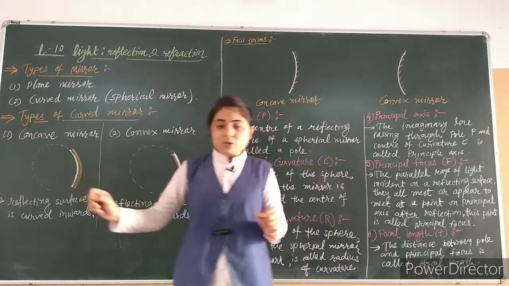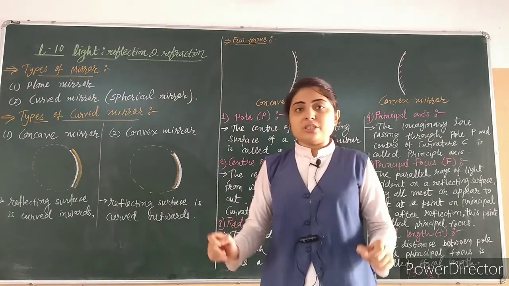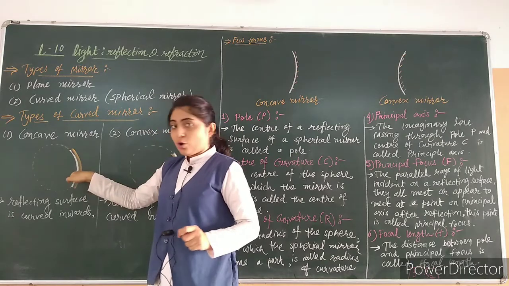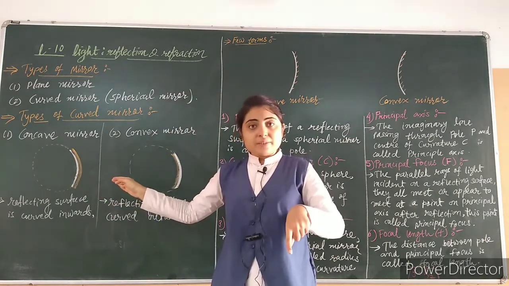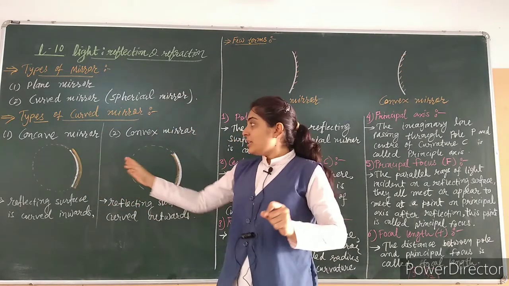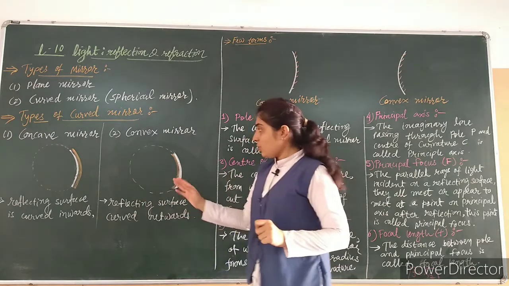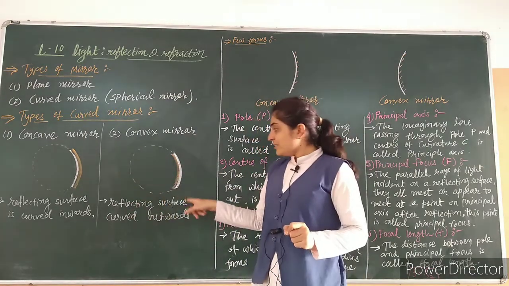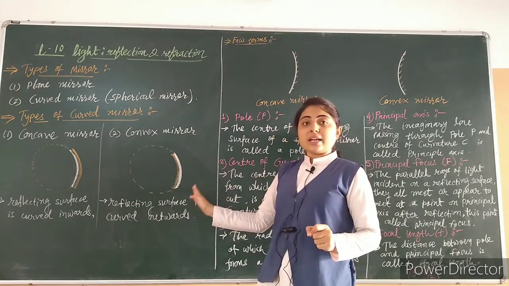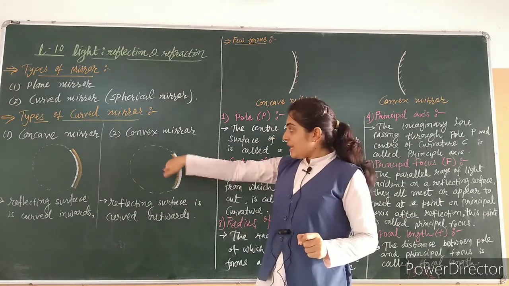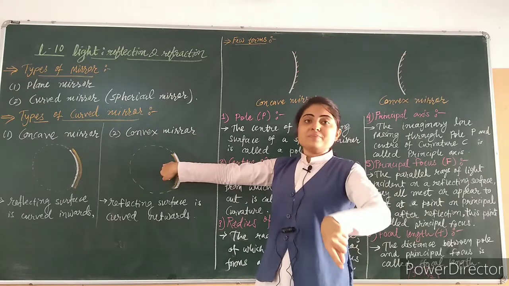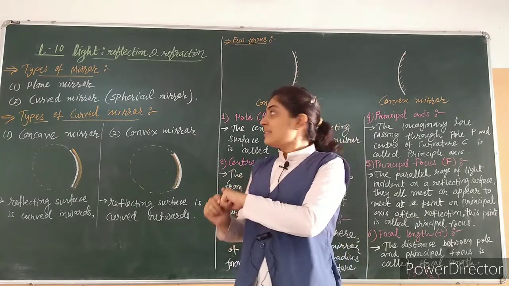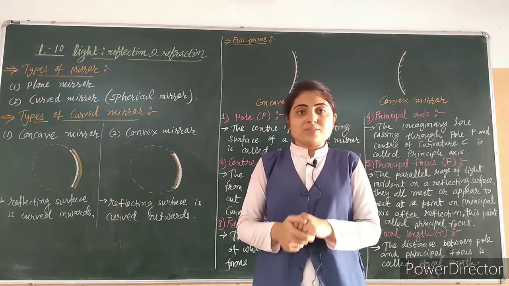So how can we define a concave mirror? A spherical mirror whose reflecting surface is curved inward and shaded outside, that will be the concave mirror. And opposite to it, a spherical mirror whose reflecting surface is curved outward, and shaded inside, that mirror will be known as a convex mirror.